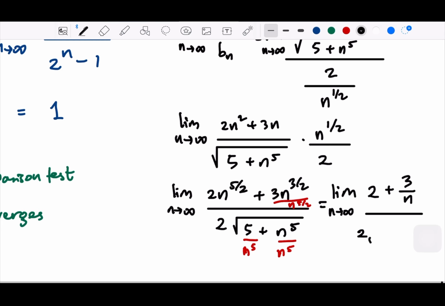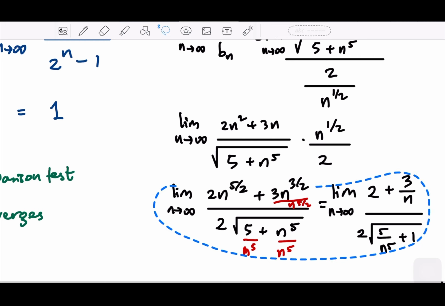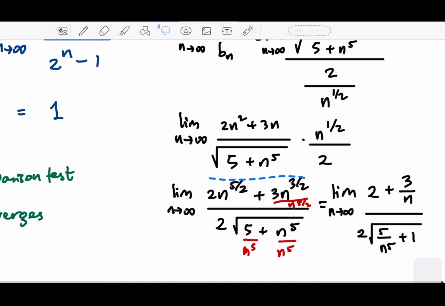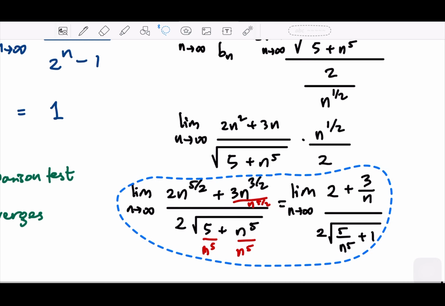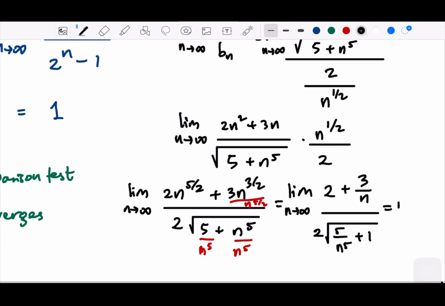And then 2. And then this will be 5 over n with power 5 plus 1. And then you can ignore the one with the variable, right? Because that will be 0. So we could say that this is going to be just 2, right? 2 by 2, so it's 1. Let me write here. So this will be equal to 1.